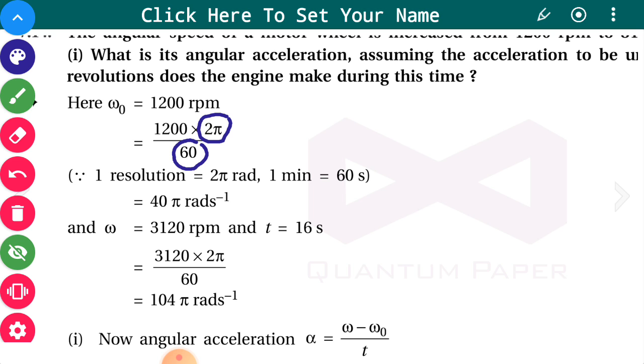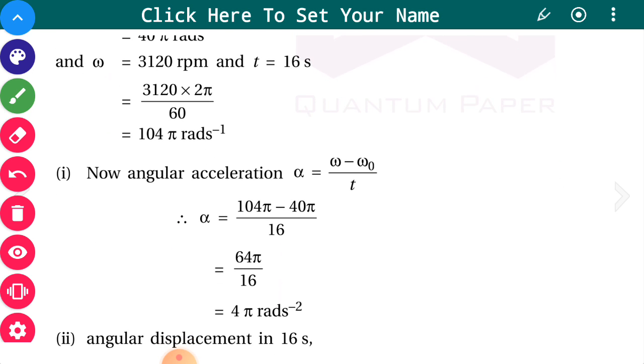So we will have 40 pi radian per second. Similarly, the final one is 104 pi radian per second, and angular acceleration is (omega minus omega 0) upon t. If I substitute these values, you get 4 pi radian per second square.